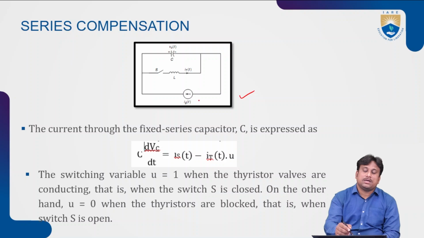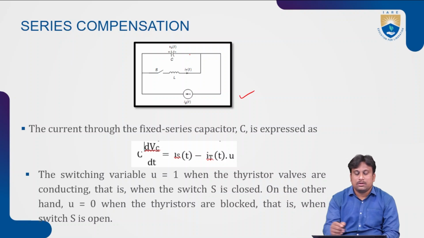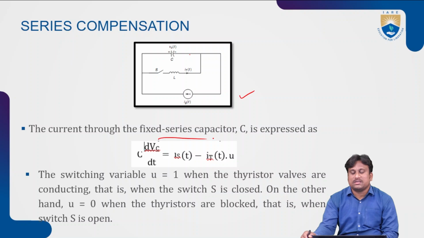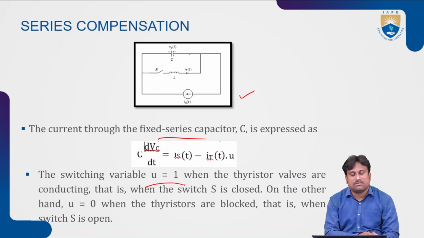The current source is connected across this capacitor, with a switch combination supported by an inductor arrangement. The current through the fixed series capacitor is expressed as C dV by dt equals Is of t minus It of t into U. The switching variable U is 1 when the thyristor valves are conducting.